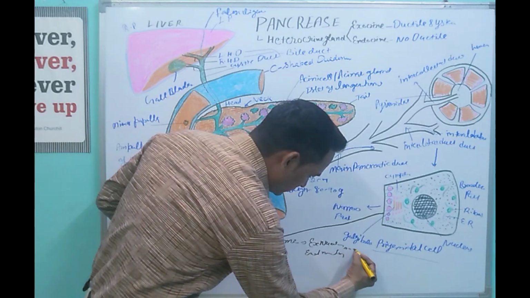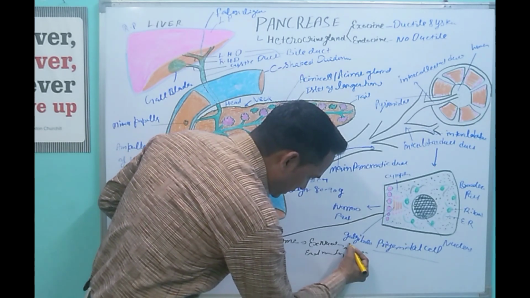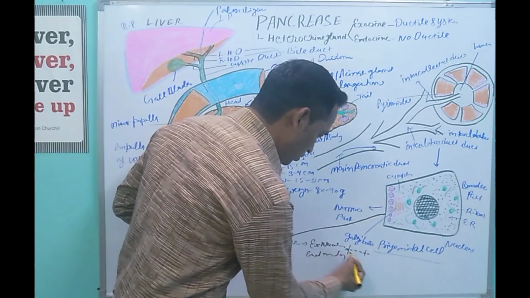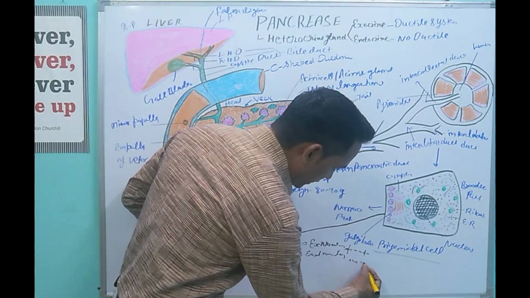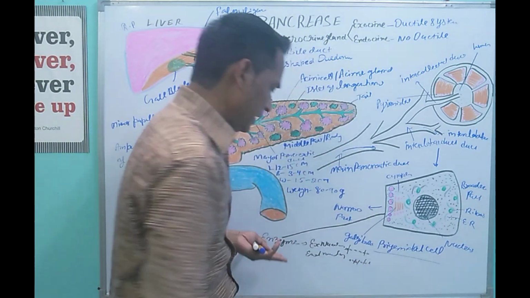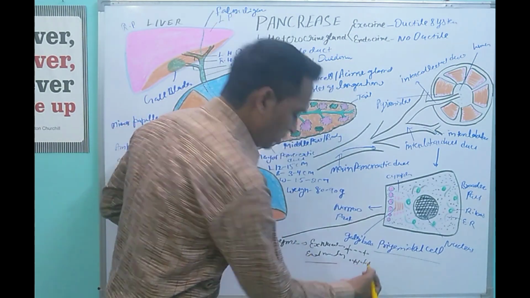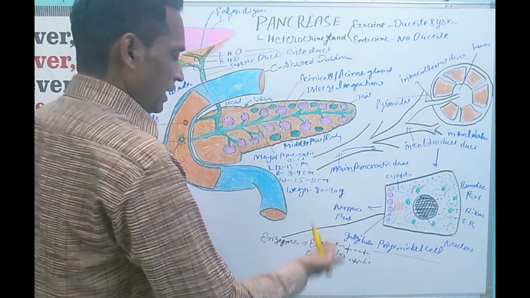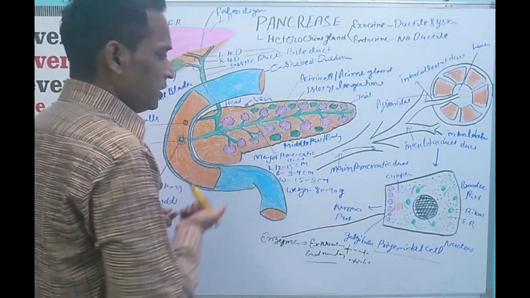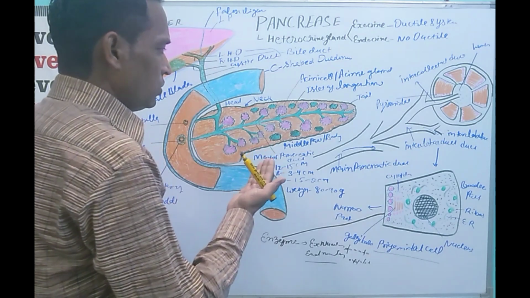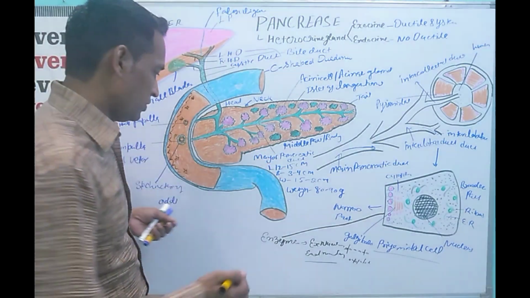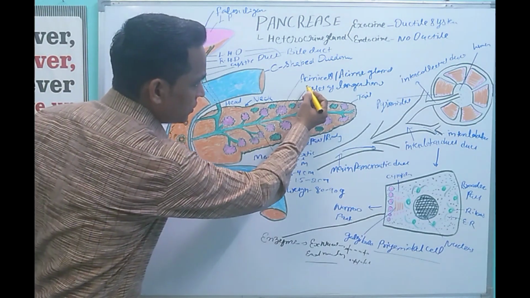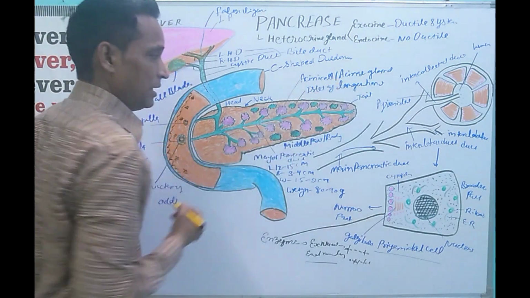Those that divide the outer part of the polypeptide chains are exonucleases, and those that divide the middle part or any place are known as endonuclease enzymes. So these are the different types of enzymes produced in the pancreatic juice, the important function of the pancreas, the ductal system and the acinar cells.